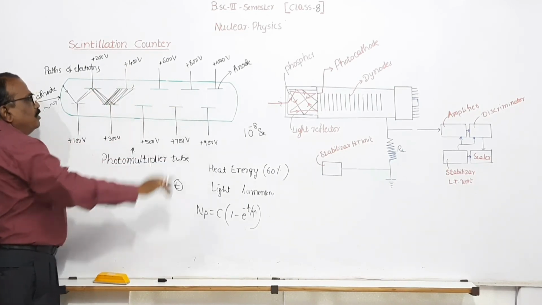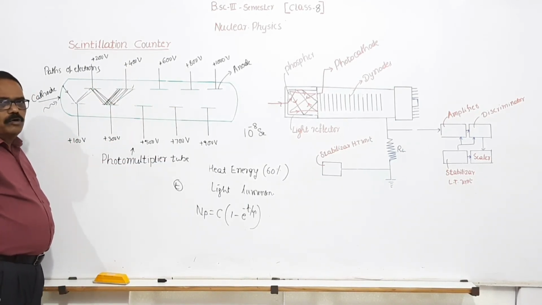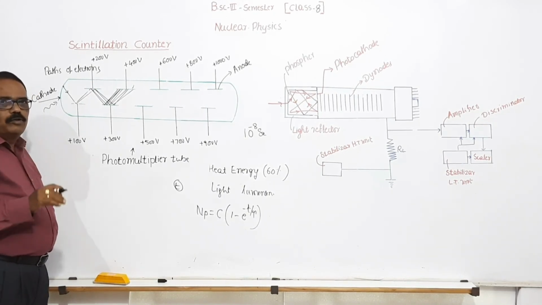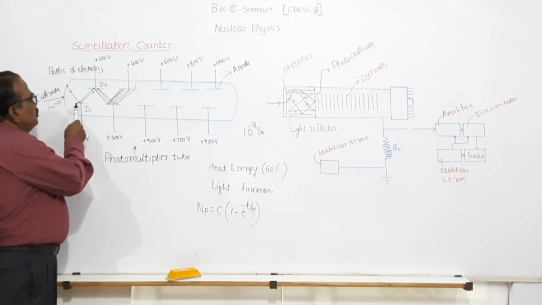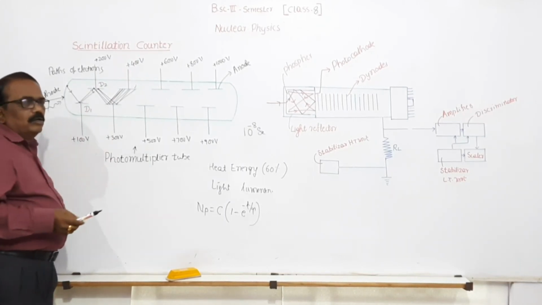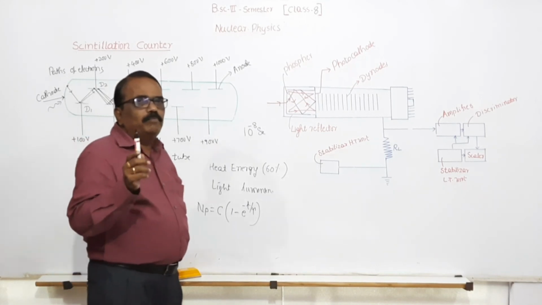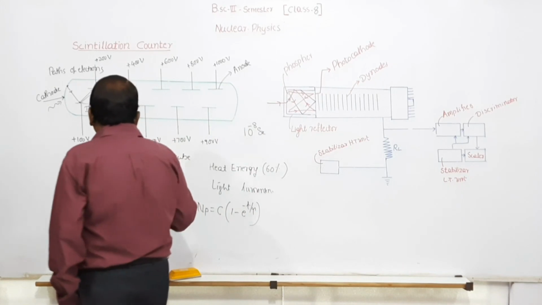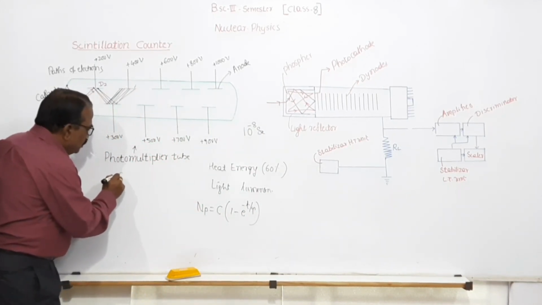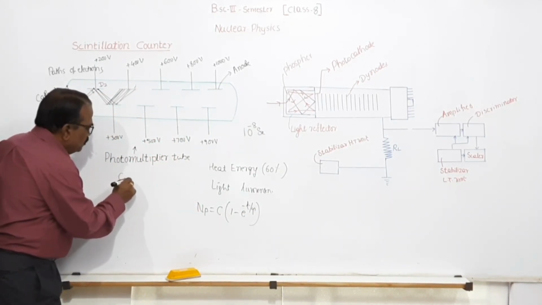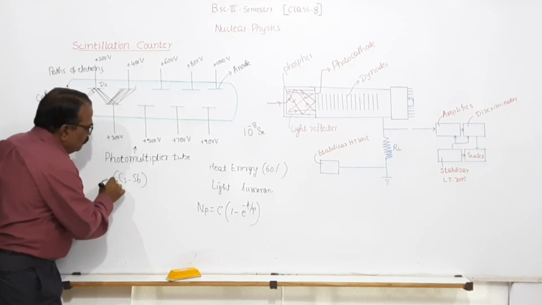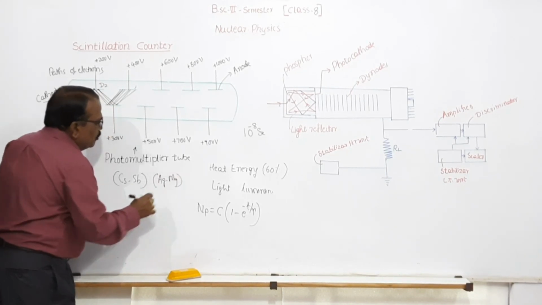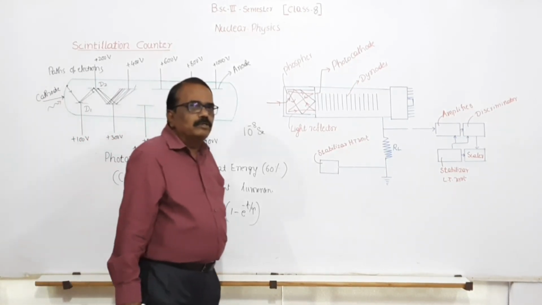That means successively the potential goes on increasing. In other words, the energy supplied to the electron goes on increasing. These dynodes are specially prepared surfaces. They are coated with material of Cs, Sb, Ag, Mg to have the secondary emission.